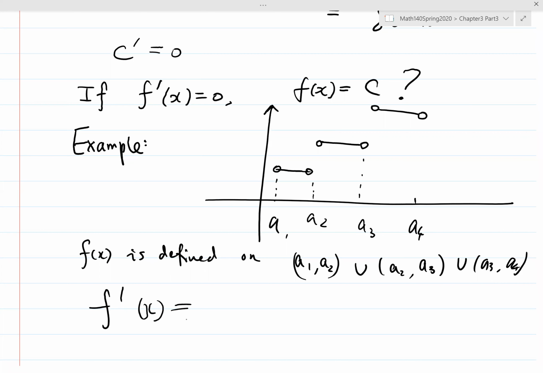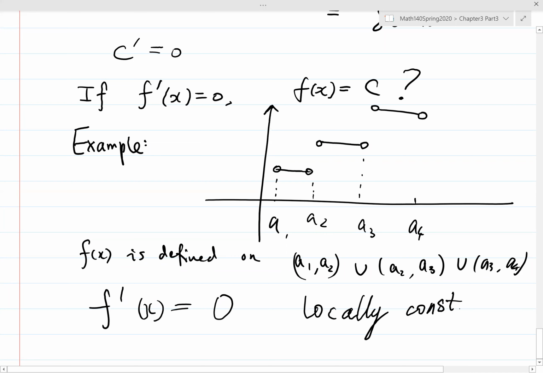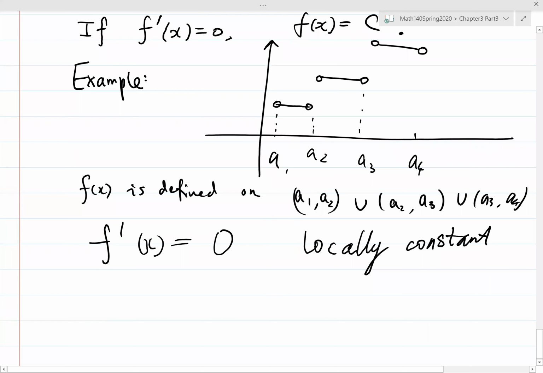The derivative is local, so locally it's constant and its derivative is 0. But globally it's not a constant. So it can be locally constant but not globally constant.